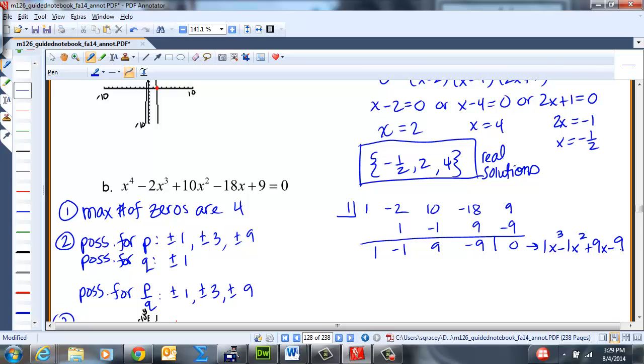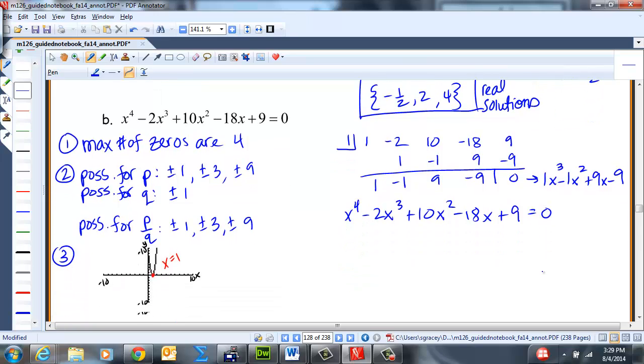So from this equation where we had x to the fourth minus 2x cubed plus 10x squared minus 18x plus 9 equal to 0, this factors as x minus 1 times x cubed minus x squared plus 9x minus 9, which I think we can factor by grouping.